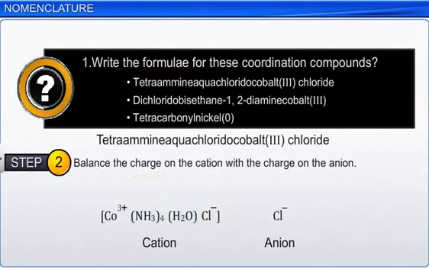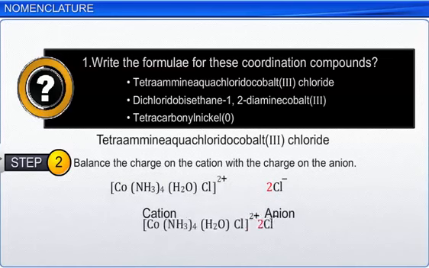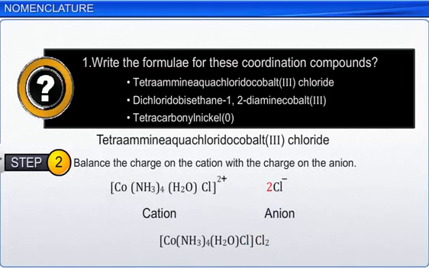Hence, two anions can neutralize the charge on the cation. Thus, the formula for the given compound is [Co(NH3)4(H2O)Cl]Cl2. Similarly, the formulae for the other two complexes are written as shown here.